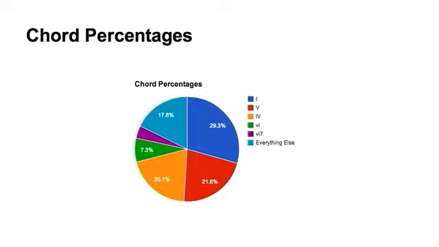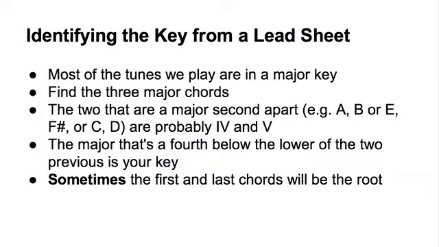So if you just add those 2 wedges together, because the chords are very similar, you just add a 7th to the 6th chord. If you add those 2 together, that gets you almost 80% of all the chords that we play between 1, 4, 5, and 6. If you know that 1, 4, 5, and 6 are the most common chords that we play, that makes identifying the key of the song pretty easy.